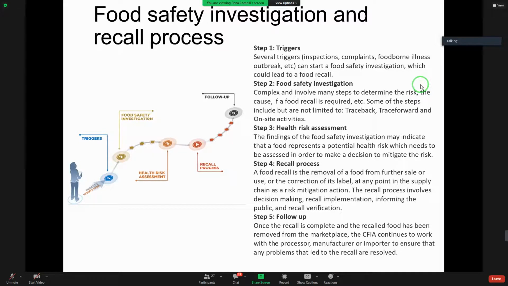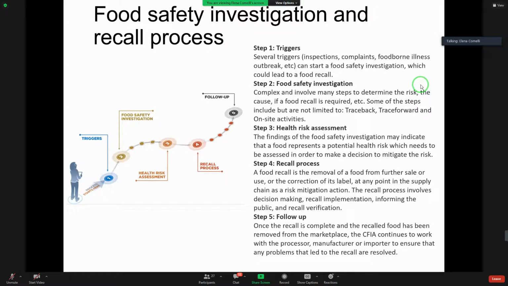CFIA. The food safety investigation, which is step 2, involves many different steps, and it's complex. It has to determine the cause, the risk, assess the magnitude of the risk, determine if it's necessary to proceed with the food recall, and so on and so forth.